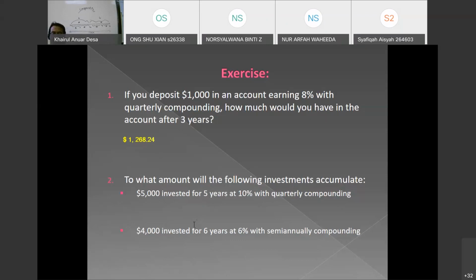Because all your quizzes and your mid-semester exam test you through multiple choice questions. The answer is there, but you only have to circle or click the most correct answer. But in your individual assignment and your group assignment, please state the units of currency.